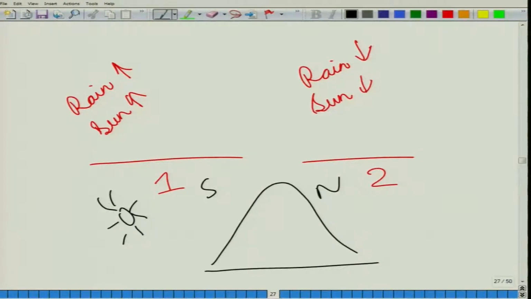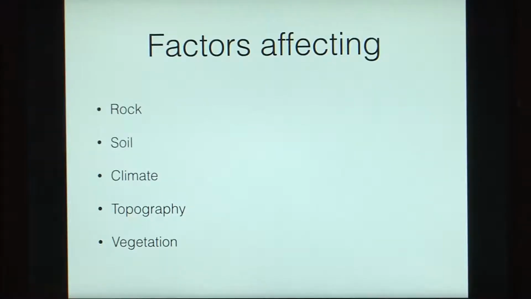So, coming back to the slides, all these factors: rock, soil, climate, topography, vegetation. Vegetation is also a very important factor that can affect your site quality. For instance, if you have two regions that have the same rocky terrain, the same climate, the same topography, but one site has some grasses and the other site is completely devoid of vegetation, it is completely barren, will that affect the kind of vegetation that will eventually grow in that area?